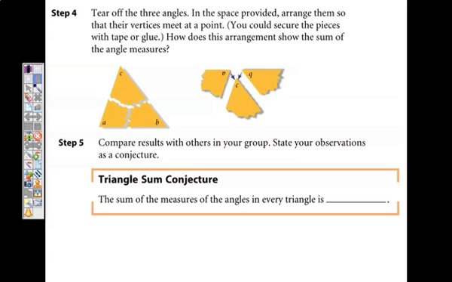So our conjecture, triangle sum means when you add things together: the sum of the measures of the angles in every triangle is blank. See if you can fill in the blank.